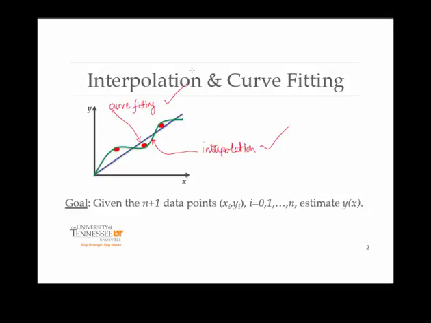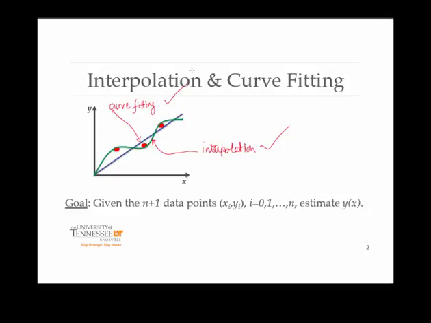So both of these approaches are a way of estimating this function, if we represent it as y of x, given, say, n+1 data points, which we'll index with the subscript i running from 0, 1 up through n. So for every x, there would be a y.